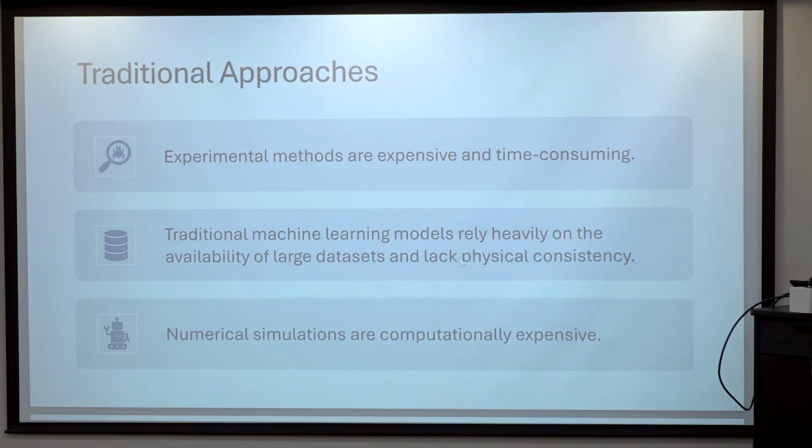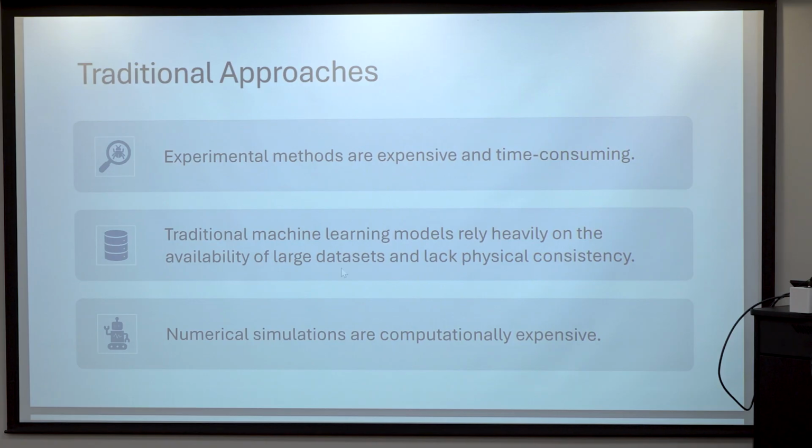Secondly, we can also use traditional machine learning models, but they actually use large data sets. For the same reason, we would need to have this data, and to do that, we would need to run the process again and again, but it's not feasible because it's time consuming and also expensive.